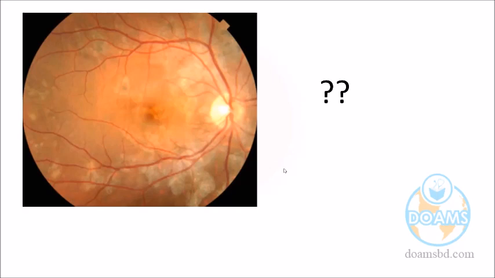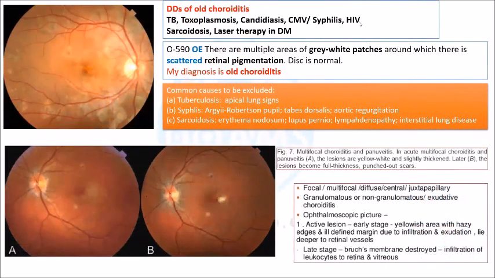Is that simply retinal damage or is the choroid also damaged? Mahbub? Choroid is also damaged because there is scattered pigmentation. So these are gray-white patches. Gray-white patches mean you can say that this is retinal damage, but the pigmentations are there as well, so this is choroidal damage.